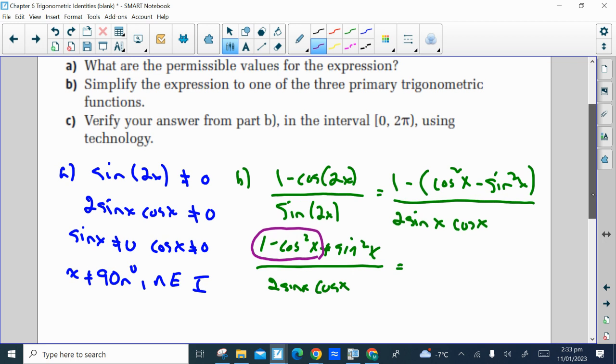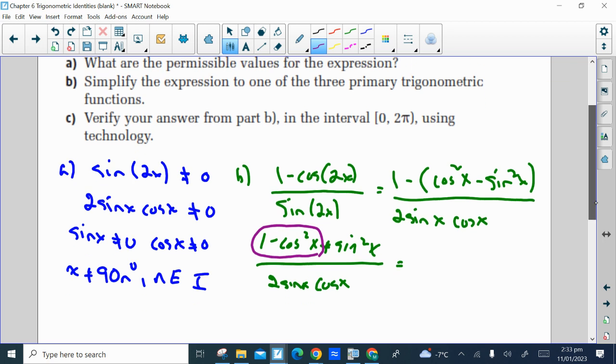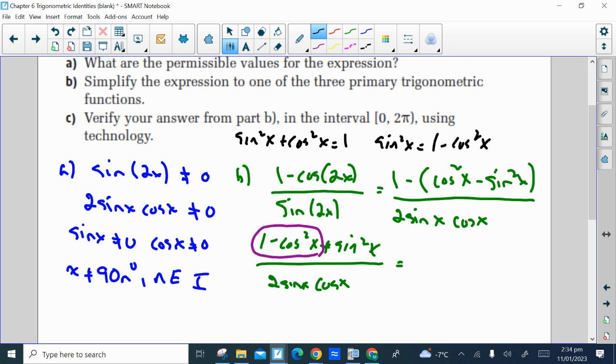We know that sine squared x plus cos squared x equals 1. We've already done this a couple times today. If you get sine squared x by itself, that would be done by subtracting cos squared x from both sides. So sine squared x equals 1 minus cos squared x. Well, 1 minus cos squared x is the same thing as sine squared x.